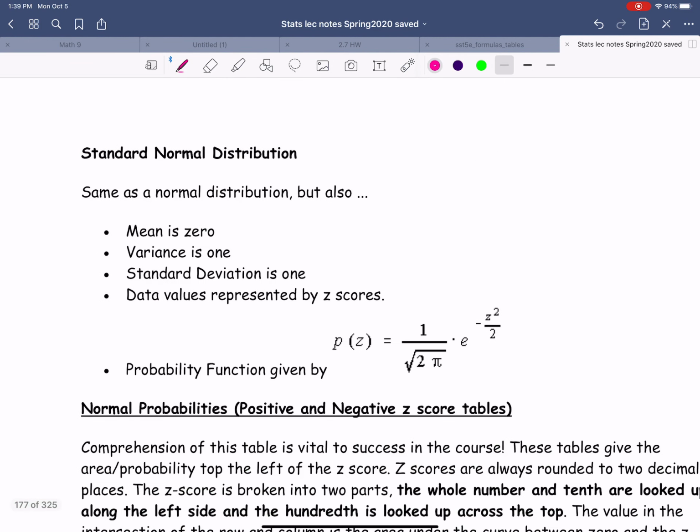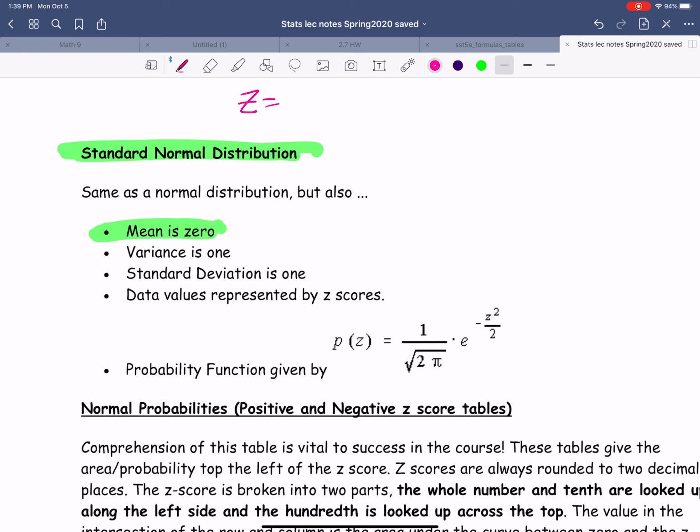Okay, let's look at the standard normal distribution. There's a slight difference between the standard normal distribution and the normal distribution. In a standard normal distribution, which I just showed you in the empirical rule without calling it that, the mean is 0. You are expressing your data values in terms of z-scores.